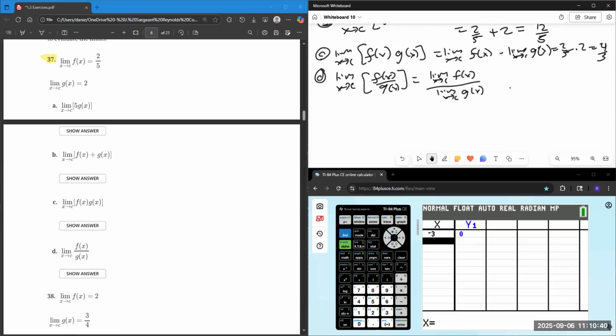So that's 2/5 divided by 2, which is 2/5 times 1/2. The 2's will cancel and give me 1/5. All right, that was 37. Let's look now at 43.